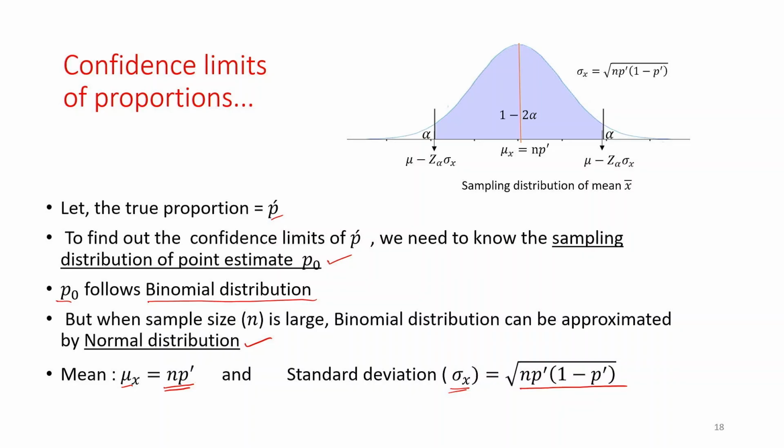The probability of success and the probability of failure sum to 1. So in the case of a binomial distribution, the mean is always np; in this case it is n p dash, and the standard deviation is root over n p q, with 1 minus p dash representing q. That is success and failure, you can say.